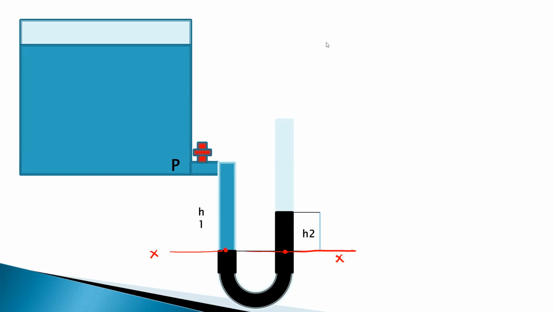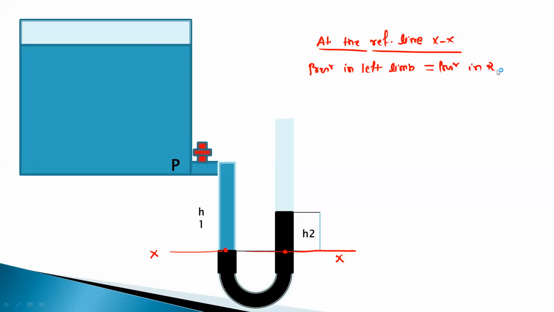At the reference line X-X, the pressure in the left limb is equal to the pressure in the right limb. I will consider this point to be A and this point to be B. Here we want to measure the pressure at this opening, so that pressure is P only.